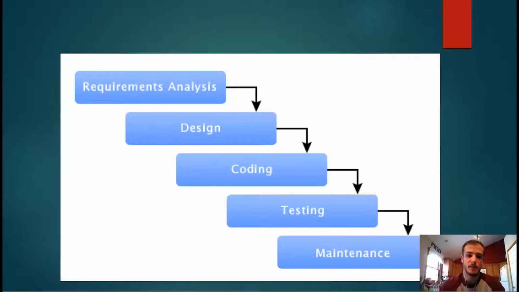So assuming that the testing phase is passed, we then go on to the maintenance phase. The maintenance phase is pretty self-explanatory. This is where the solution is deployed into the real world, and maintenance is supplied either through the vendor or through some other third-party company to keep it running, keep it functional.